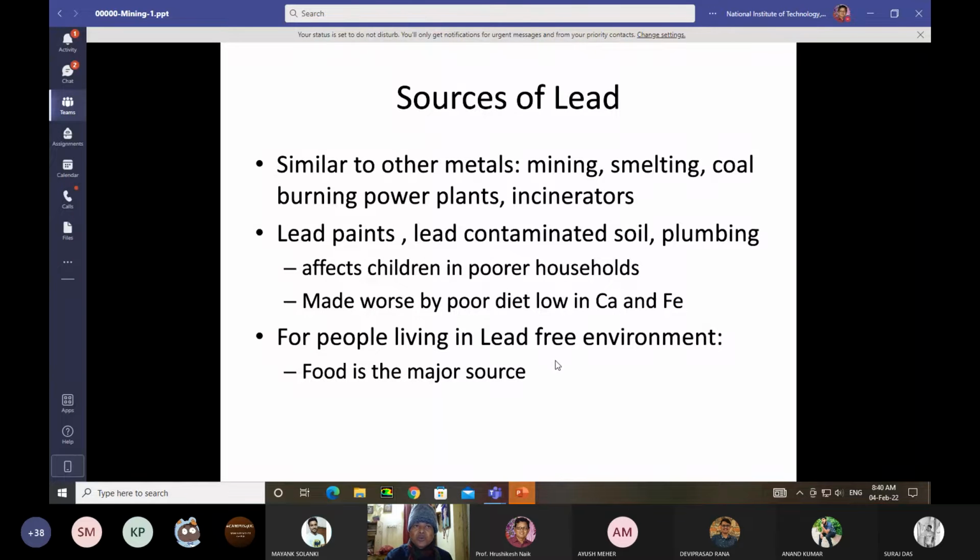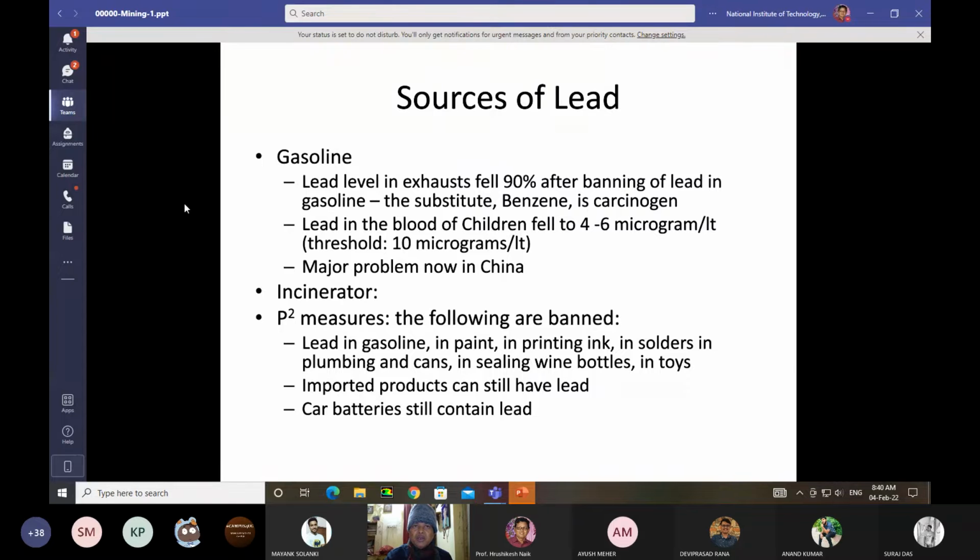Another source of lead is gasoline; lead levels in exhausts fell 90% after the banning of lead in gasoline. The substitute, benzene, is a carcinogen. Lead in the blood of children fell by 4 to 6 micrograms per liter. A major lead problem exists now in China. So lead is a great problem for human existence.